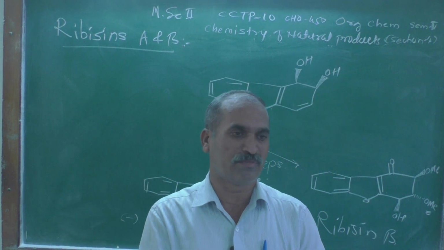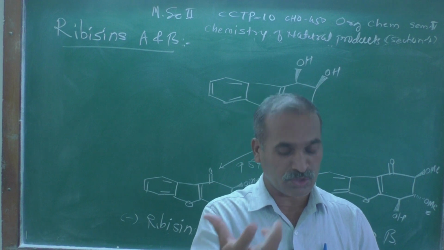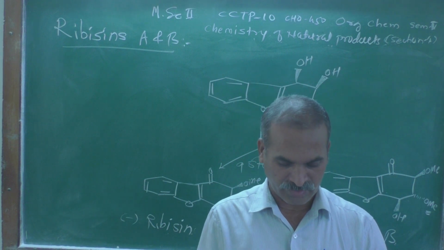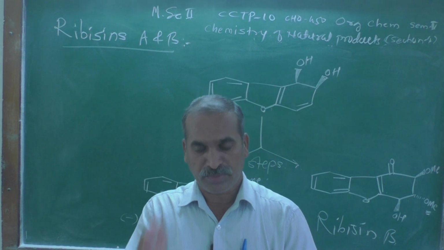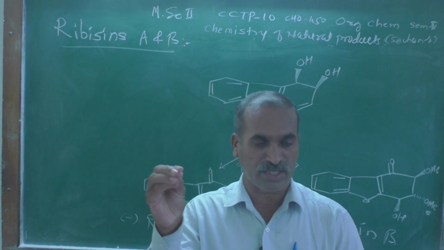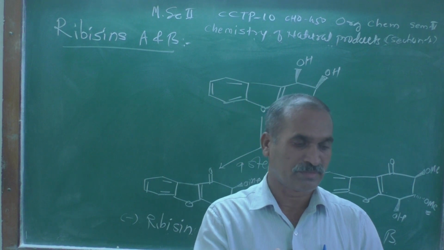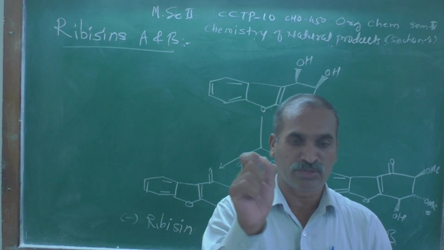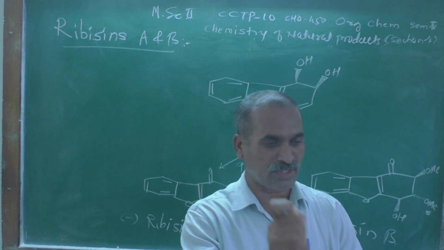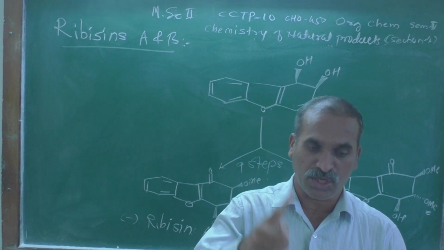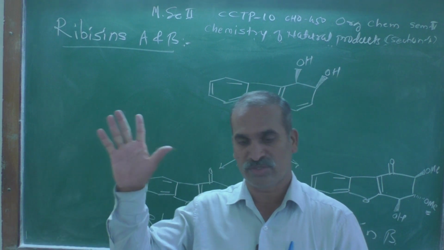That type of term is called a regioselective reaction. And stereoselective reaction means what? After adding the reagent we are getting different products, but one of them should be the major. That kind of reaction is known as a stereoselective reaction.